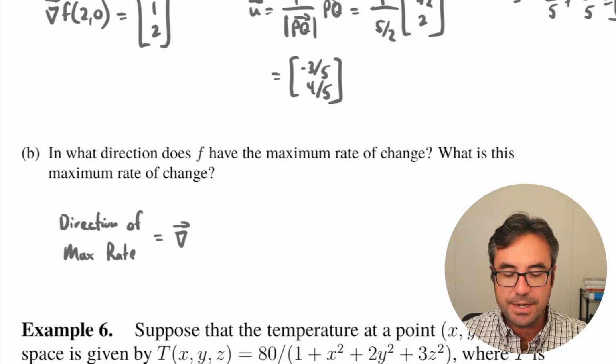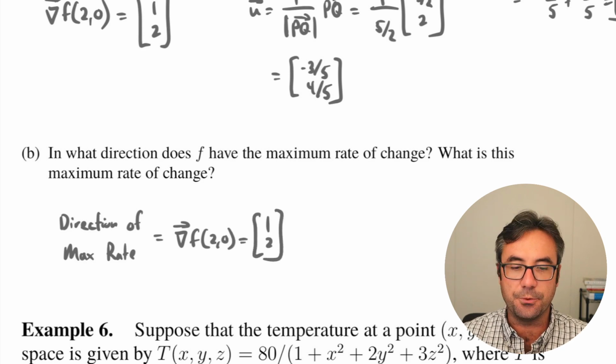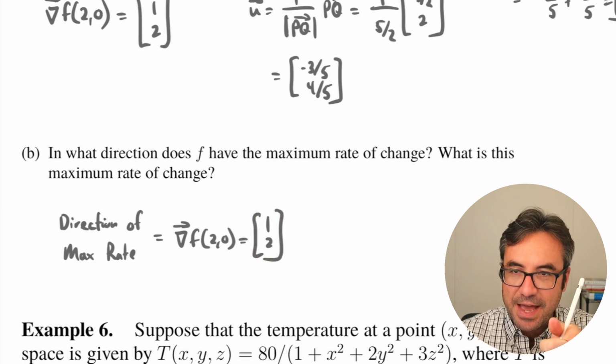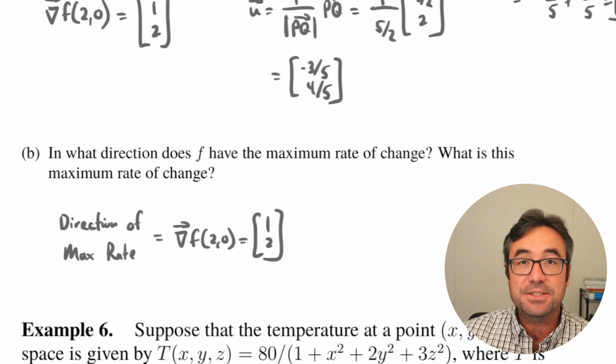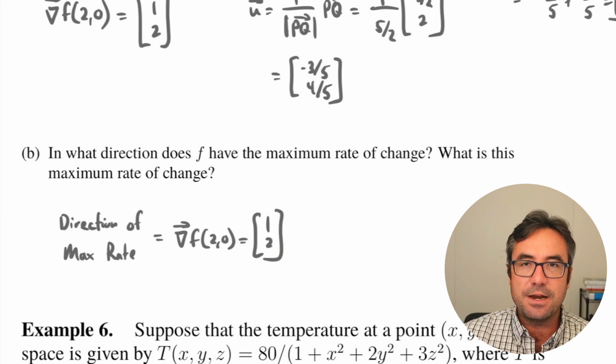So it's just the gradient at this specific point. And we said that that was the vector 1, 2. So this vector is where if we take a step in that direction, that's going to be where our surface is the steepest.